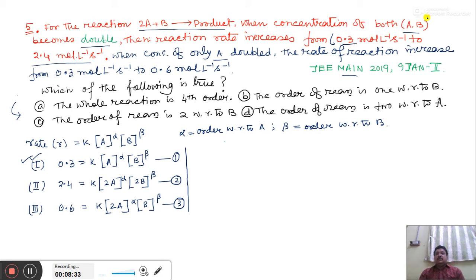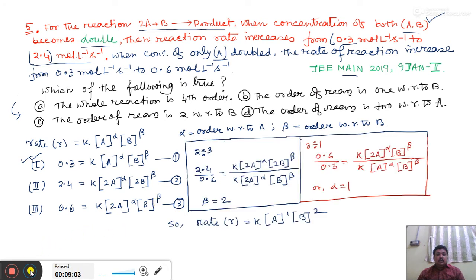And when both concentrations are doubled, the reaction rate becomes 2.4. That means 2.4 is equal to K into 2A to the power alpha and 2B to the power beta. Again, when the concentration of A is doubled, the reaction rate increases to 0.6 mol L inverse second inverse. So 0.6 is equal to K into 2A to the power alpha into B to the power beta, and we get equations 1, 2, 3.